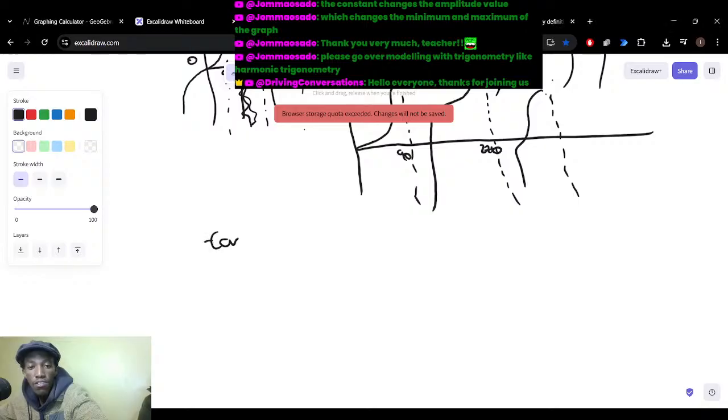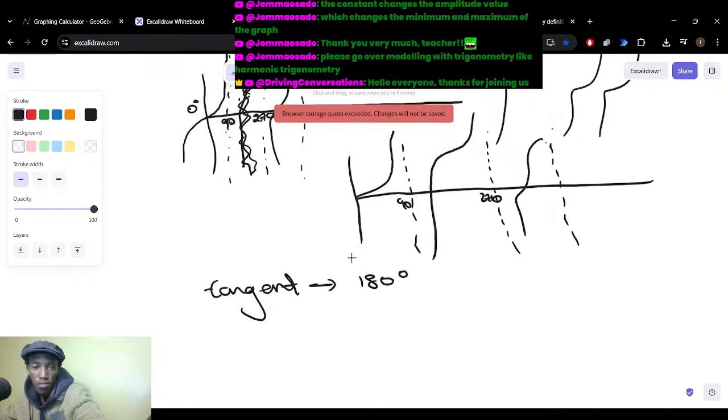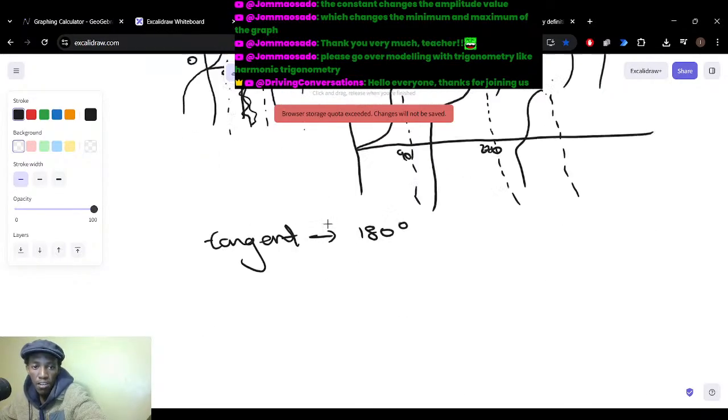So for tangent, its period is 180 degrees.